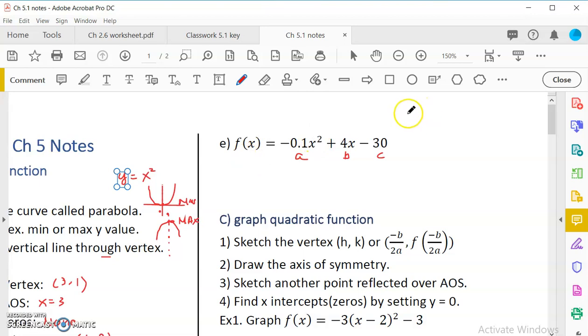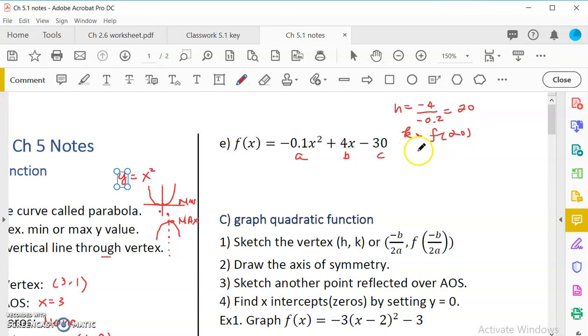Maybe I'll do it here, so there's more space. h is negative b over 2a, negative 4 over 2 times negative 0.1, which is negative 0.2. It's still negative, so you have to take it. 4 over 0.2 is what? 20, positive 20.